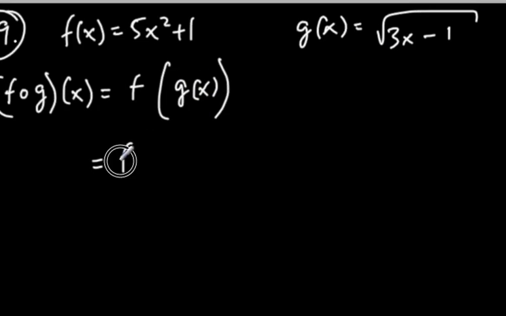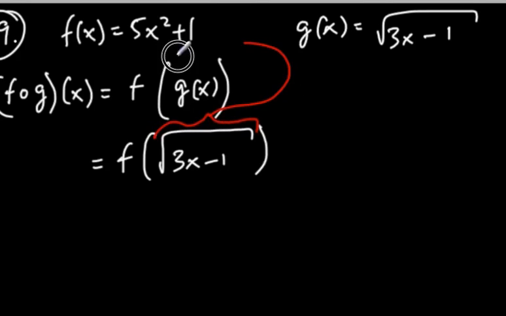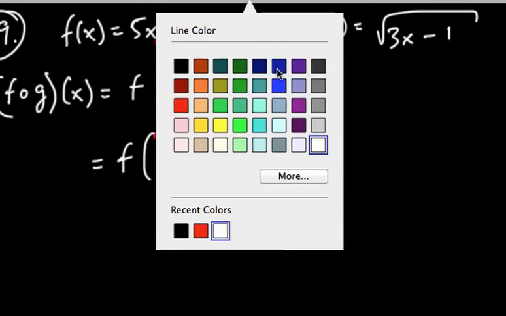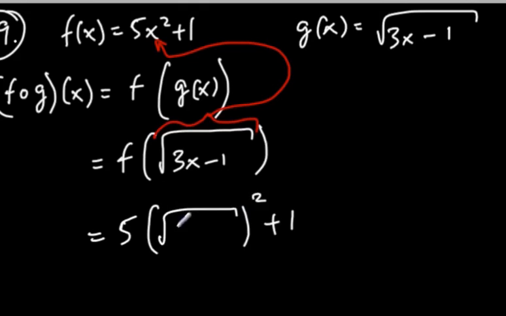It's going to be f of the square root of 3x minus 1. And what we're doing is we're taking this argument and subbing it right into that x over there. Okay? So this is going to equal 5 something squared plus 1. That something happens to be this argument.